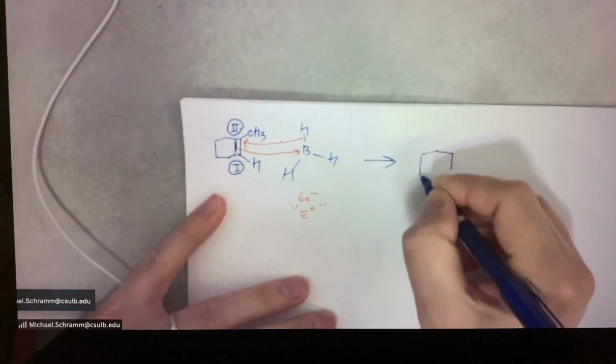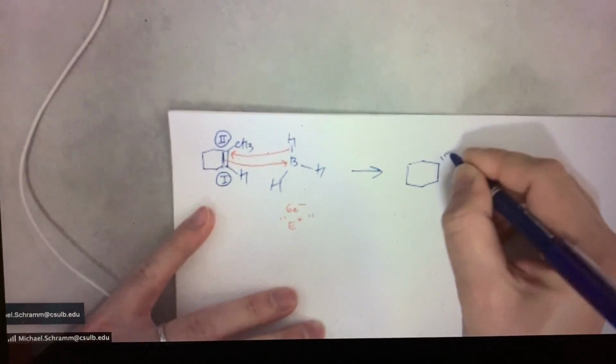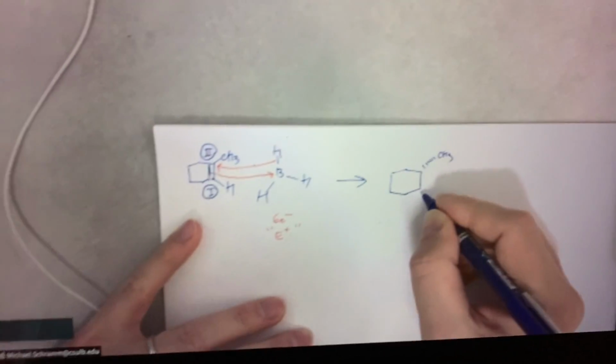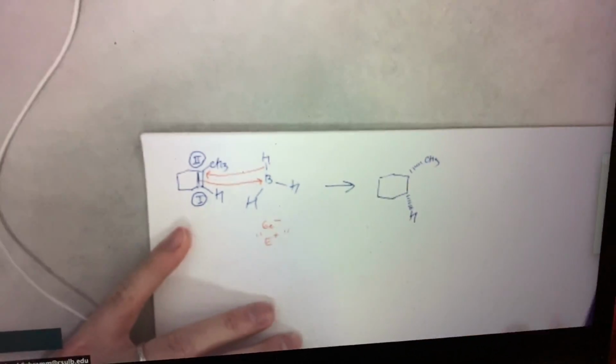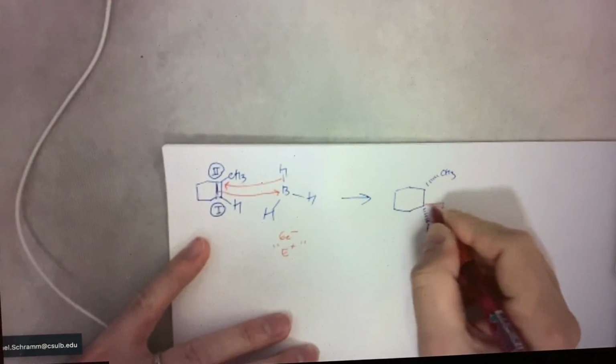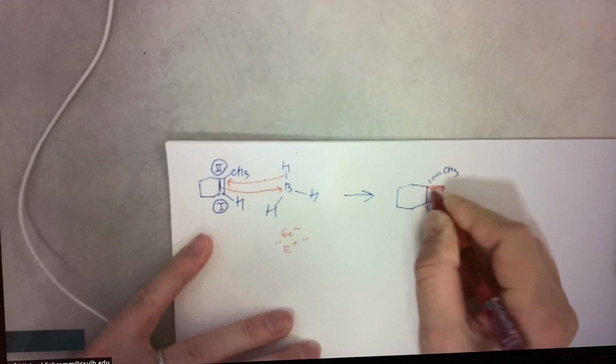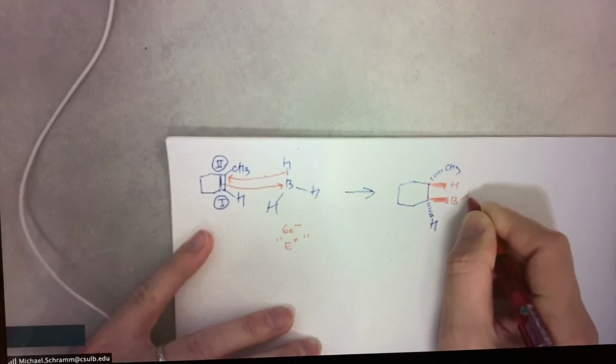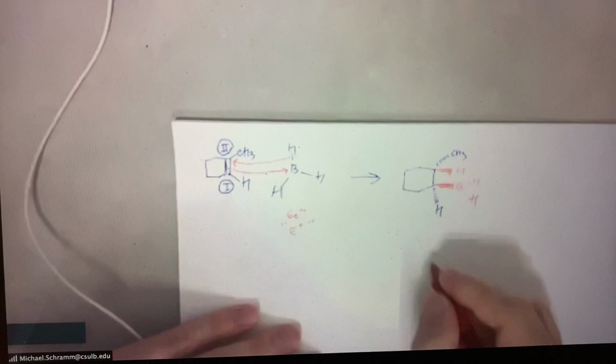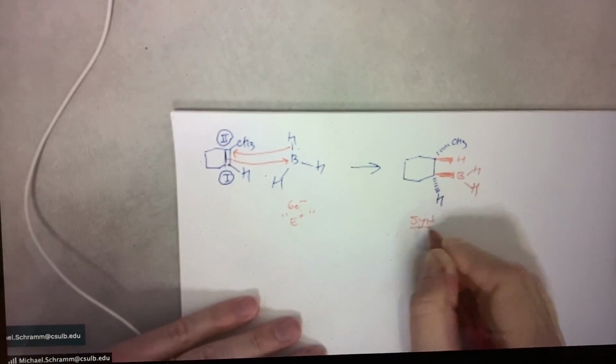So let's draw this really carefully. We'll draw our carbon framework and skeleton in blue. And I'm going to draw the newly added things in red. And they've added with syn addition.